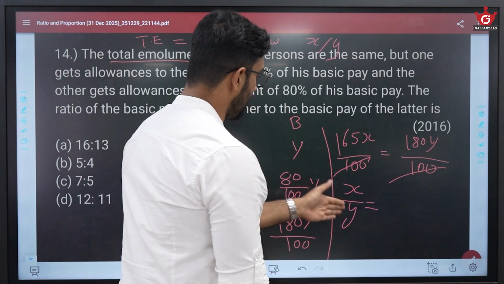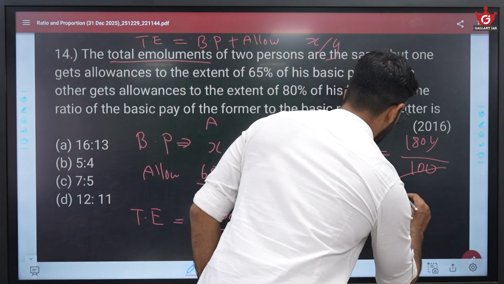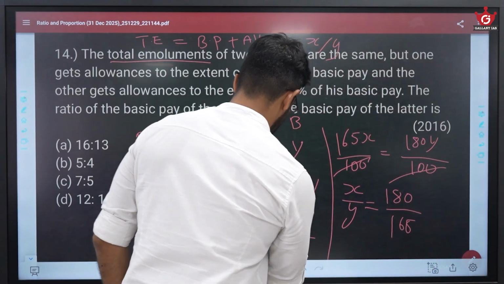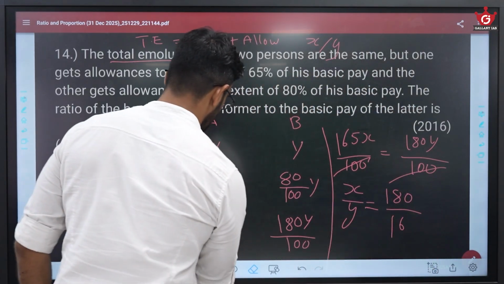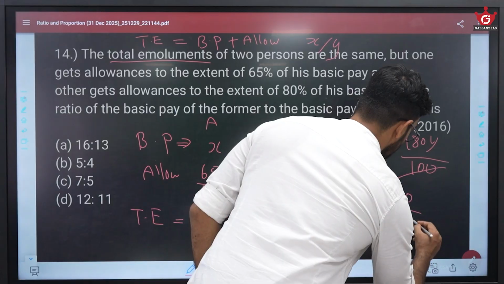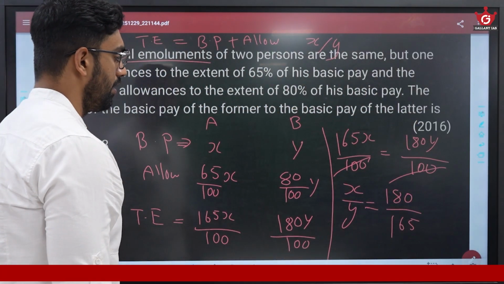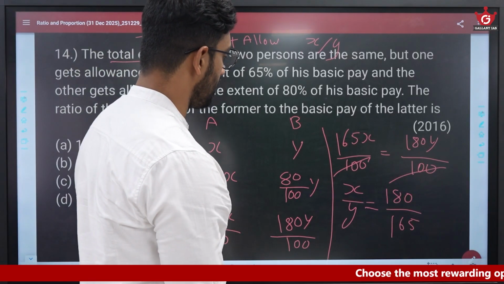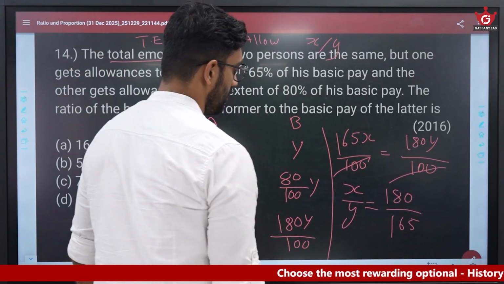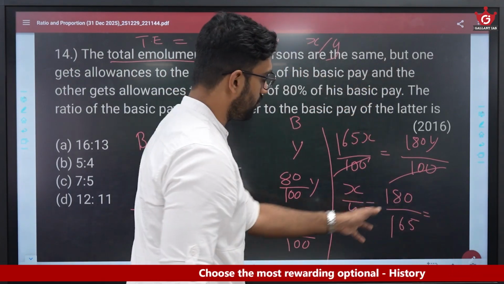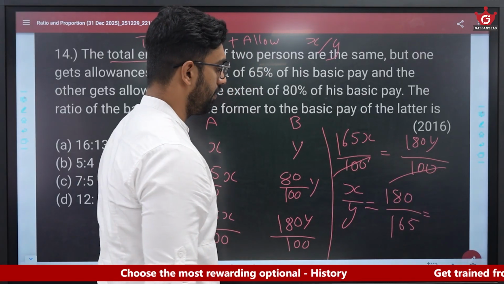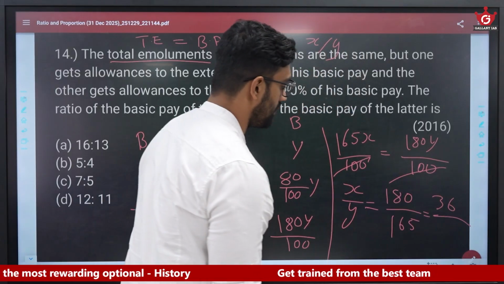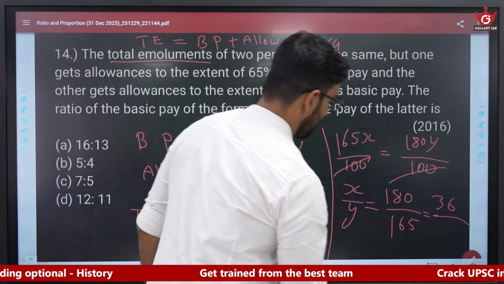So X by Y is equal to 180 divided by 165. We can simplify with 5, which gives us 180 divided by 5, which is 36, and 165 divided by 5, which is 33.